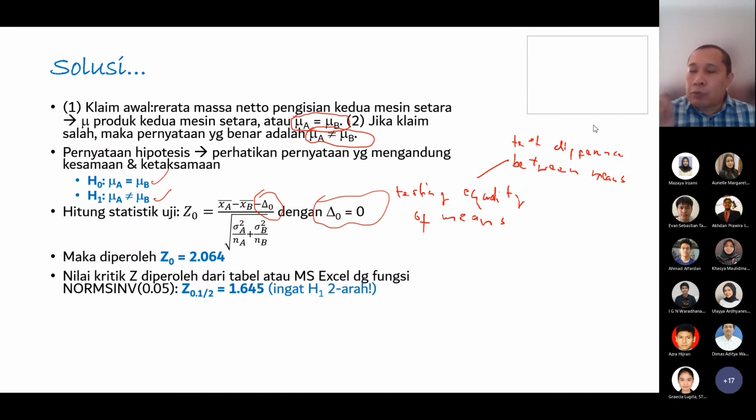The one thing I want you to be careful about is the command in Excel that we use to look up the critical value of T, the critical value of Z, and so on. I believe I've already explained the quirks of the functions in Excel in my videos, so make sure to watch them.